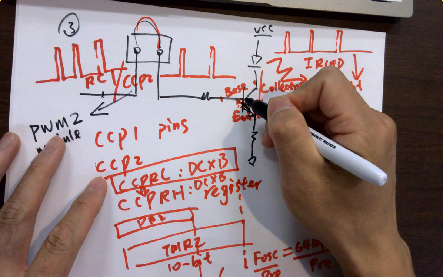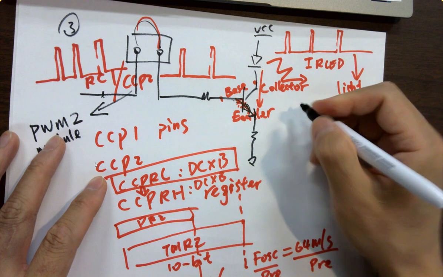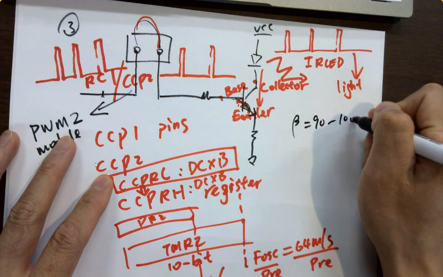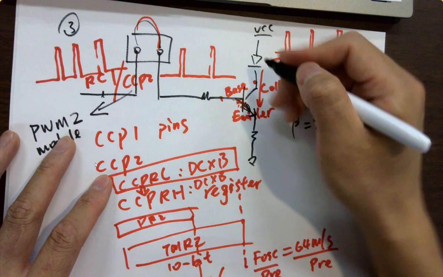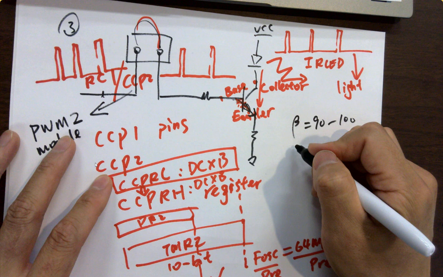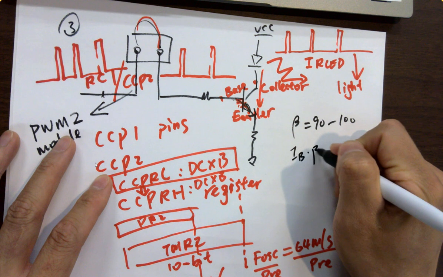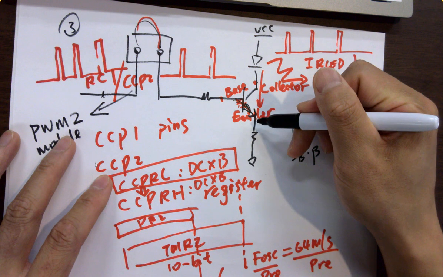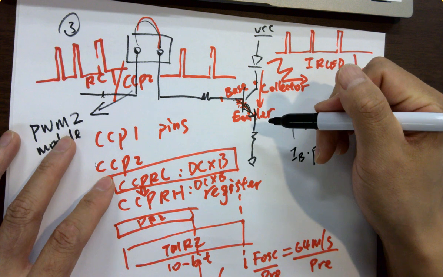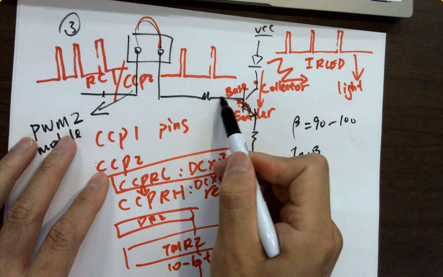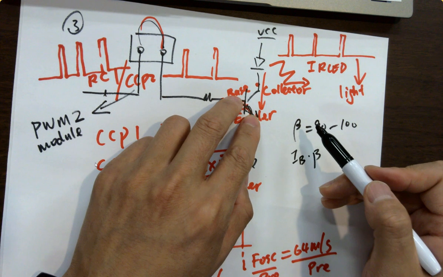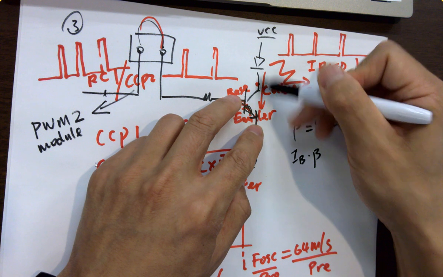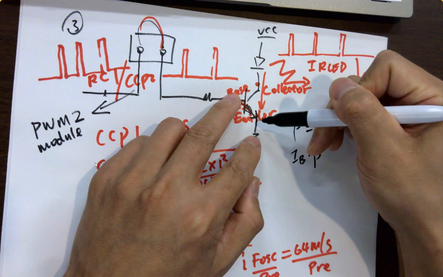Because the BJT has a certain current gain, usually beta, could be 90 or 100, the collector terminal will form a current of IB times beta, so it's flowing current through here. It's a current controlled current source. Anyway, when you turn this on, the PN junction here is on, and it's going to form a collector current going from the top to bottom, from collector to emitter.